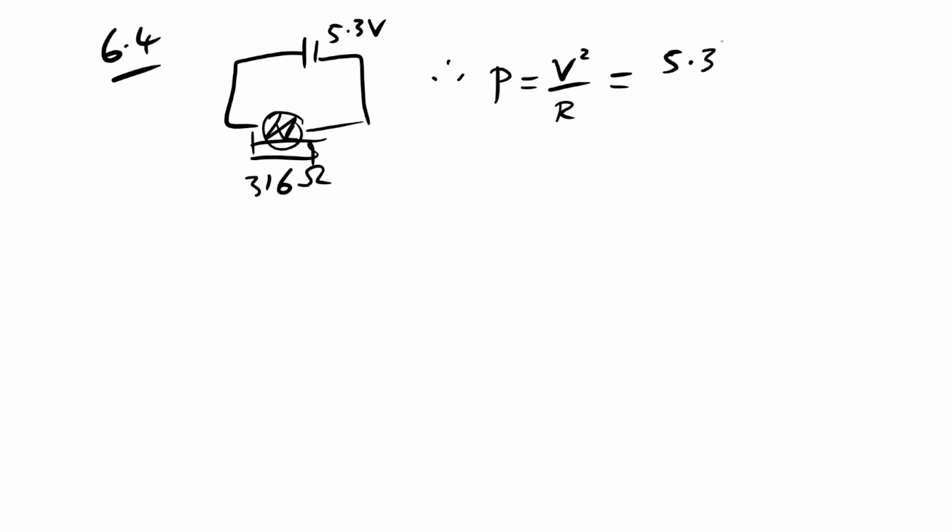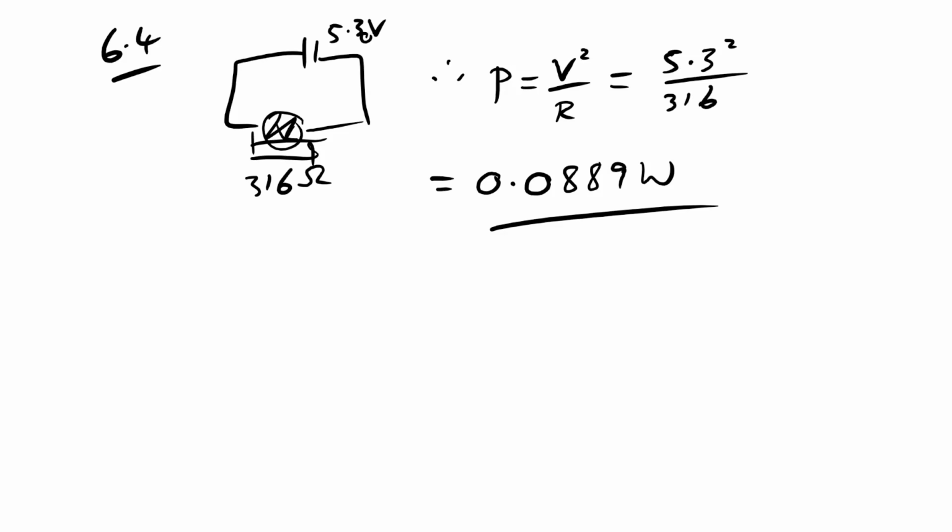So that's 5.3 squared divided by 316. Let's go to 3 sig figs, seeing that our data is all to 3 sig figs, but 2 sig figs is fine as well. They've gone to 2 sig figs.